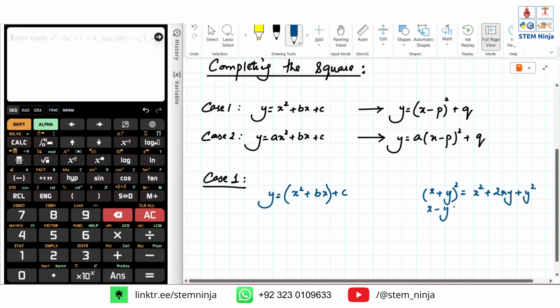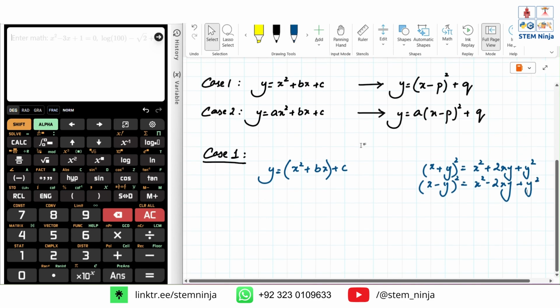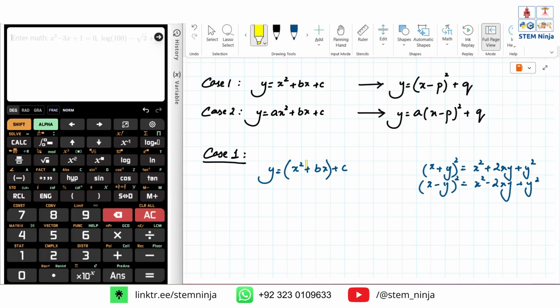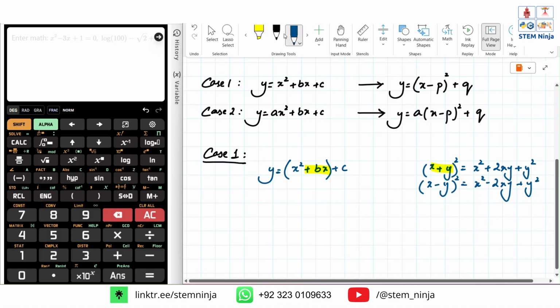And if it's x minus y whole squared, the only thing that will change is the minus sign in the middle. So if you have a plus sign in the middle term, that means it's a square of a sum.